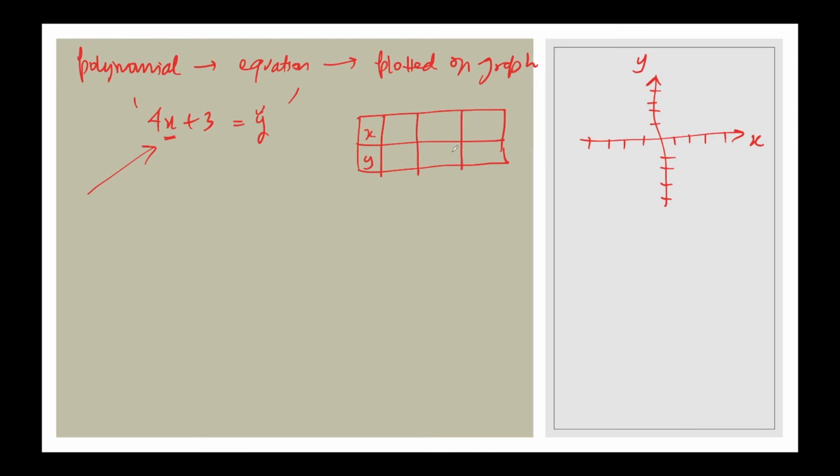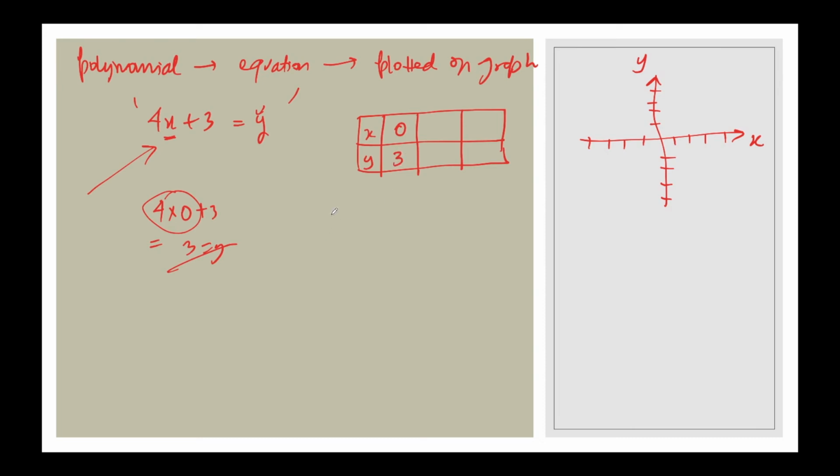We need 3 points, then we can easily draw the line or whatever curve or pattern we get in the graph. So the value of x, we need to place first. Let's put the value of x as 0. If I place x as 0, then it is 4 times 0 plus 3, this becomes 0, so it is 3. So y's value will be 3.